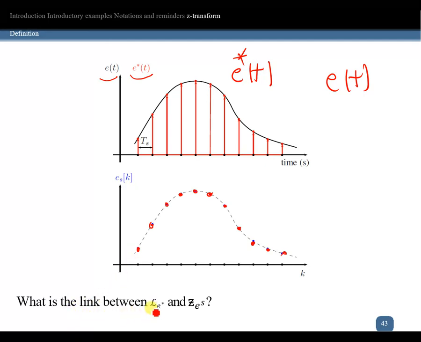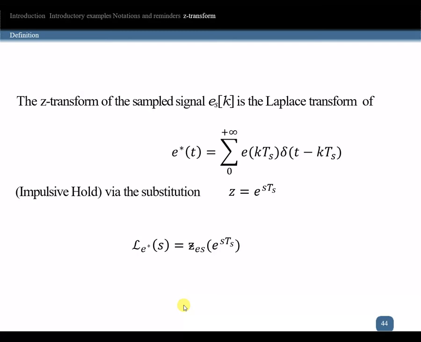What's the link between the Laplace star and the Z transform? E star, if you remember, is the sample of e(t). The sample of e(t) is the sum for k equal to 0 to infinity of e(kTs) Dirac t minus kTs.